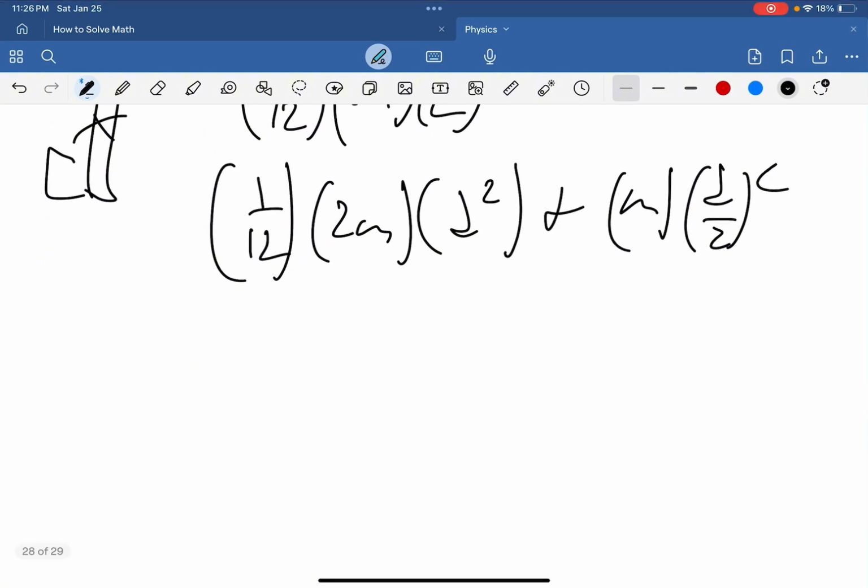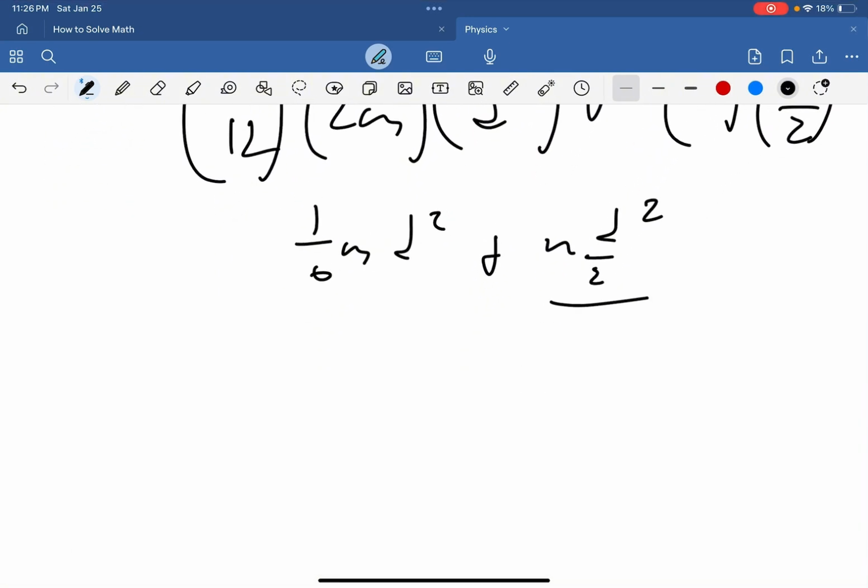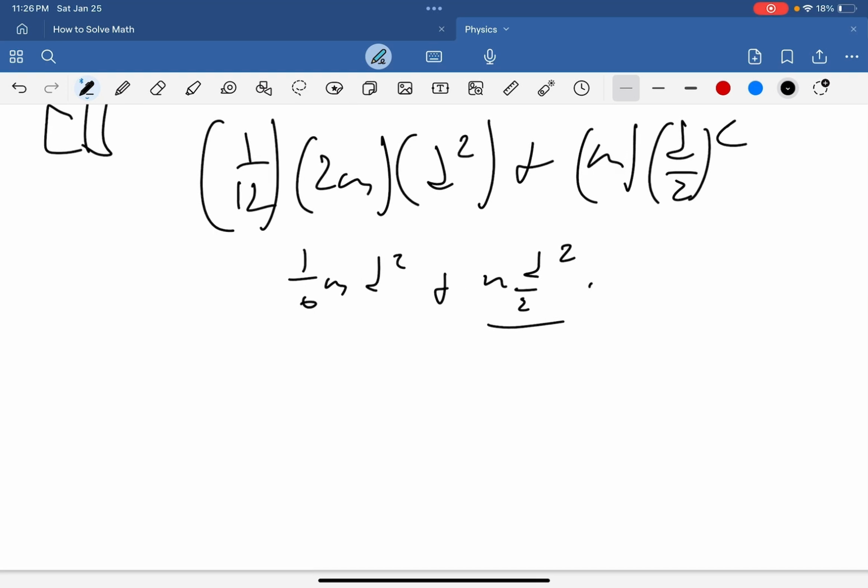So this is going to be 1/6 m d squared plus m (d over 2) squared. But we want this all in the same denominator. So let's multiply this by 6 out of 6, and then multiply this by 2 out of 2. This can be 2/12 m d squared plus 6/12.